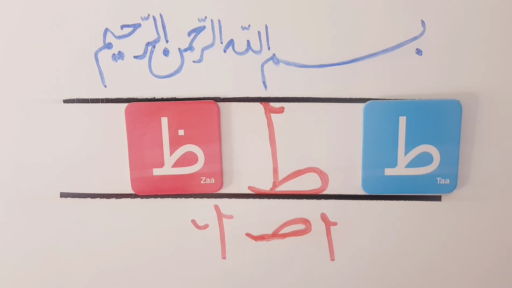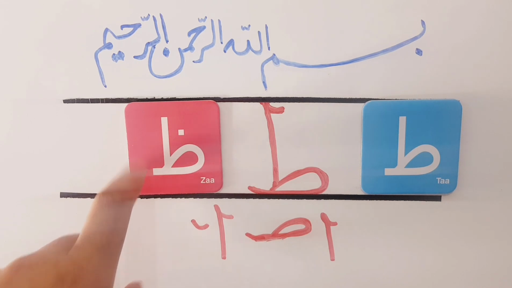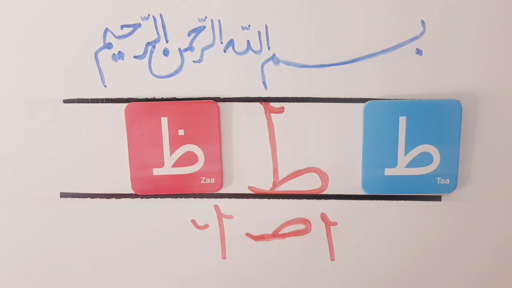The most noticeable difference between dhal and dha, this letter, is that dha is a heavy letter, whereas dhal is a light letter.